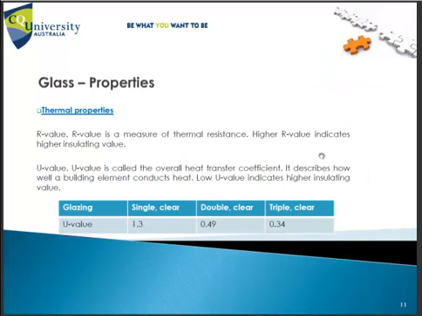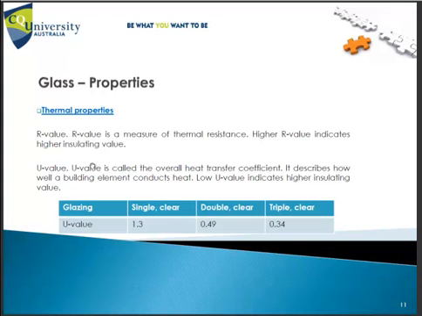When choosing the right type of glass for the building or for the window, there are two values you will read in the glass specifications. The first is the R value, a measure of thermal resistance. If a glass has a high R value, it has high thermal resistance. Therefore, a high R value indicates high insulating value.